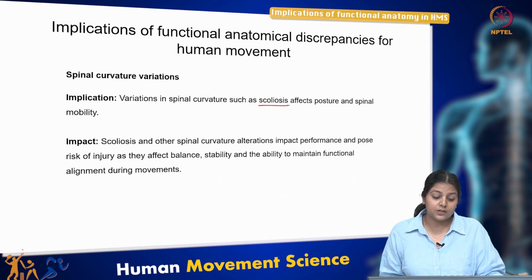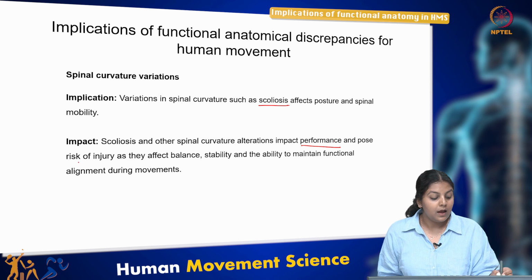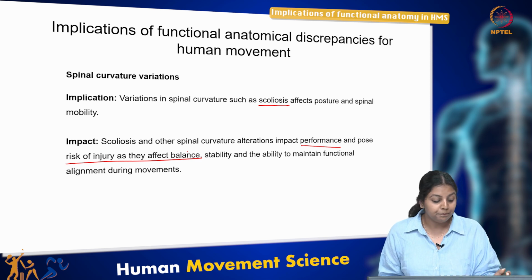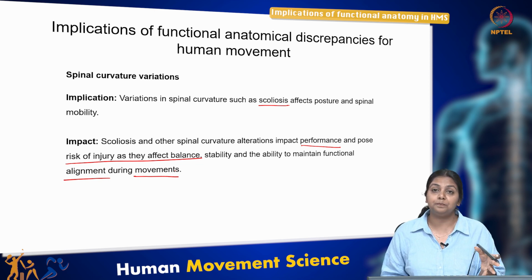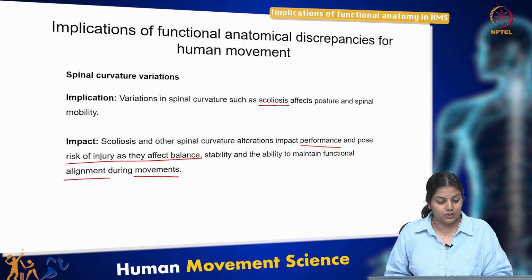So all of your different curvature alterations might impact your performance, of course, and pose risk of injury as they affect your balance, your stability, your mobility functions, and your functional alignment, importantly, during movement. So they need to be taken into consideration, and you need to have proper training programs in order to attend to these.